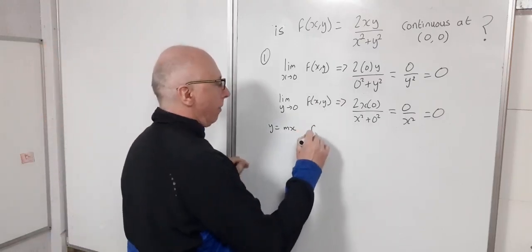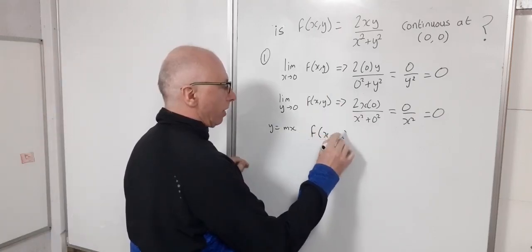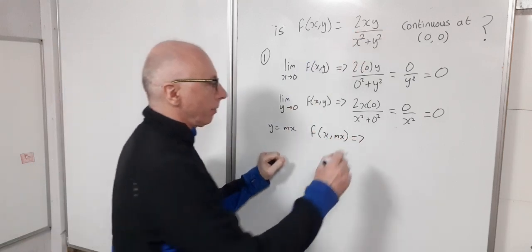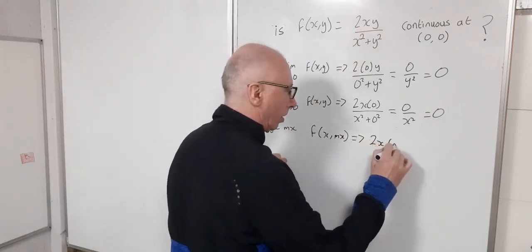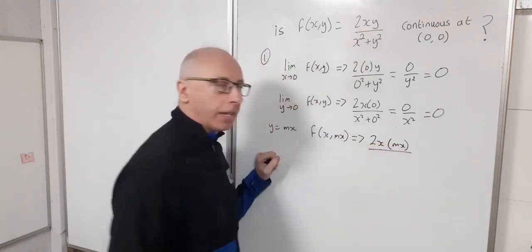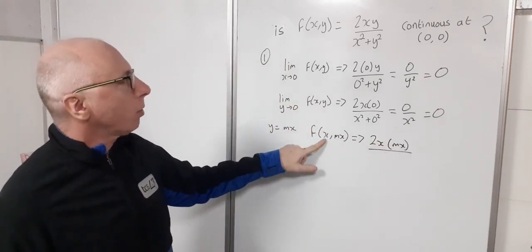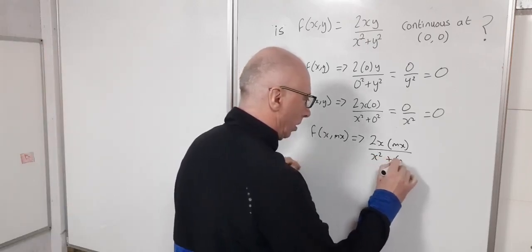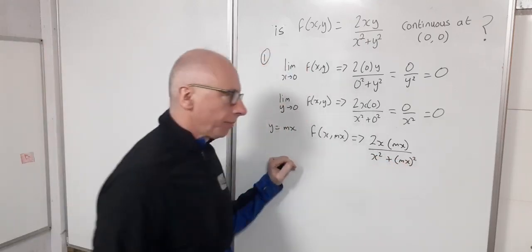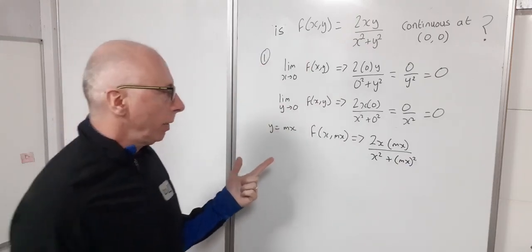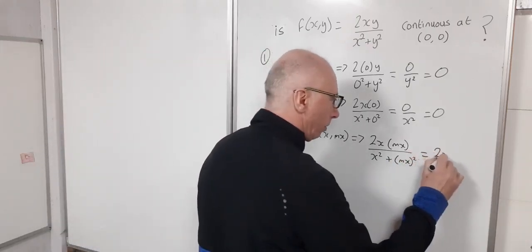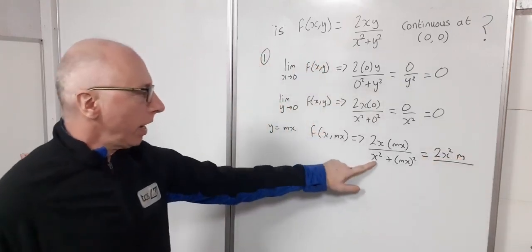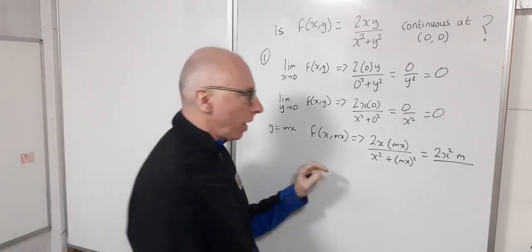So now my f of x comma mx becomes 2x times mx, and then divide that by x squared plus mx squared. Okay, let's simplify this a little bit.